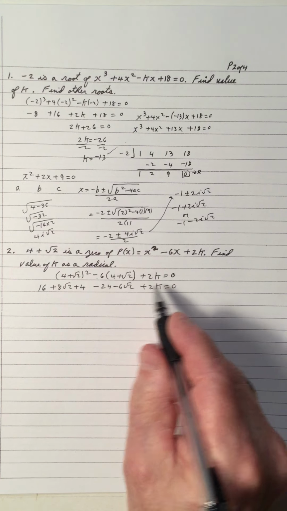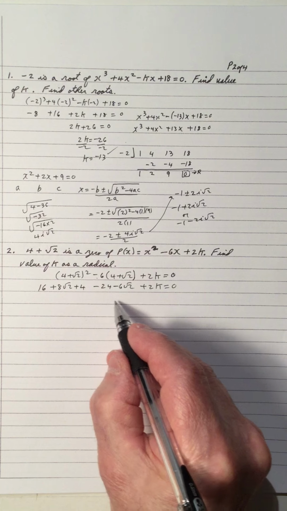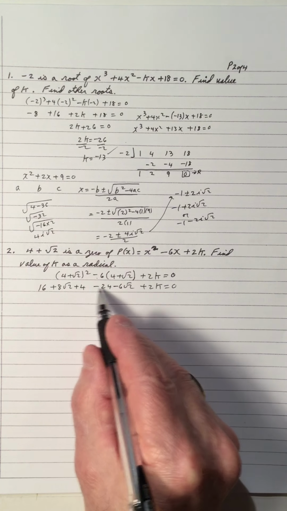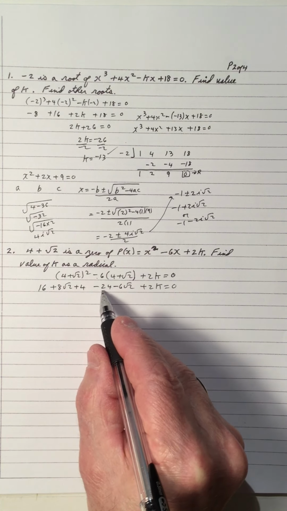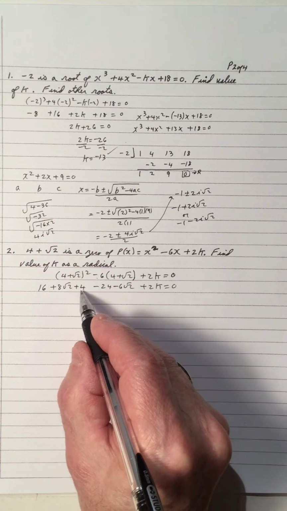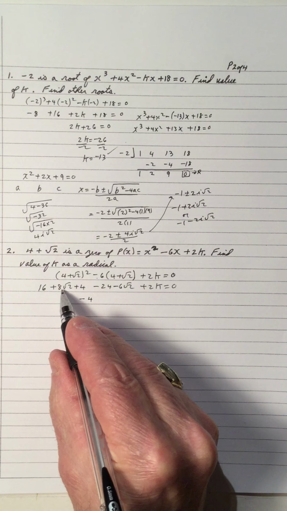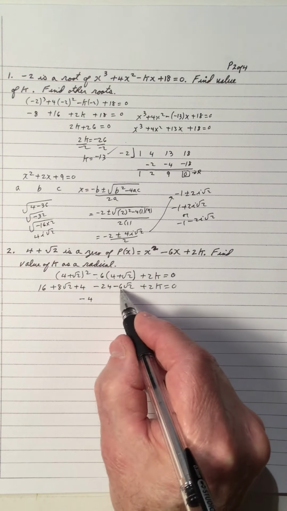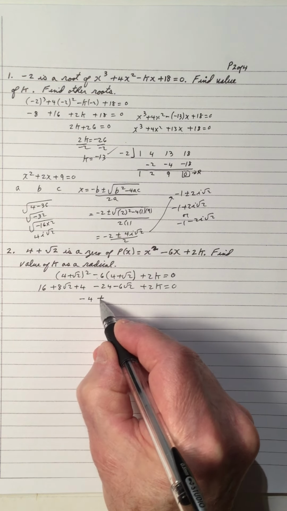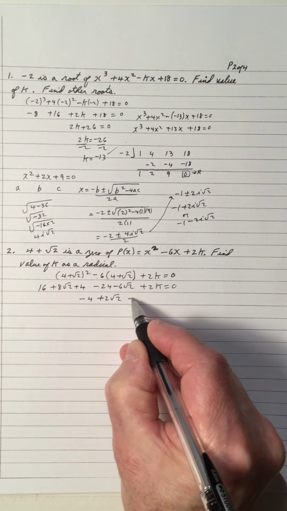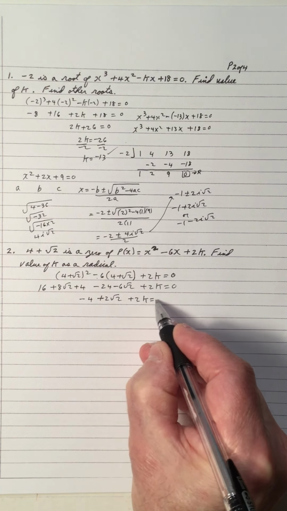And we simplify all that. We have 16, 2, and negative 24, so that gives us negative 6. And that's 8 root 2, negative 6 root 2 is positive 2 root 2, plus k.